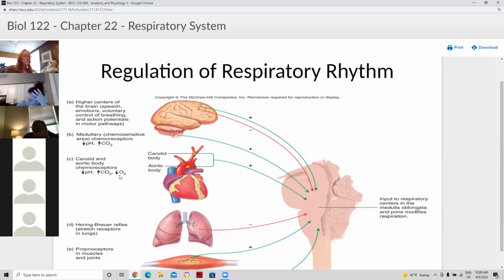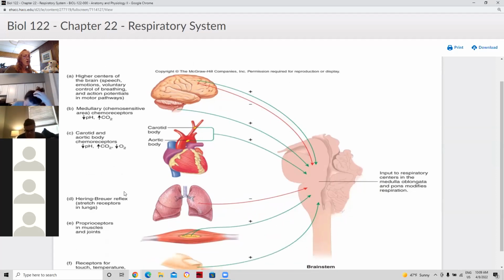The peripheral chemoreceptors in the carotid and aortic bodies are affected by pH, carbon dioxide levels, and oxygen levels. The Hering-Breuer reflex, which we haven't talked about, but has to do with increased stretch receptors in the lungs, has a negative effect on breathing rates. So it's going to work to decrease breathing rates.